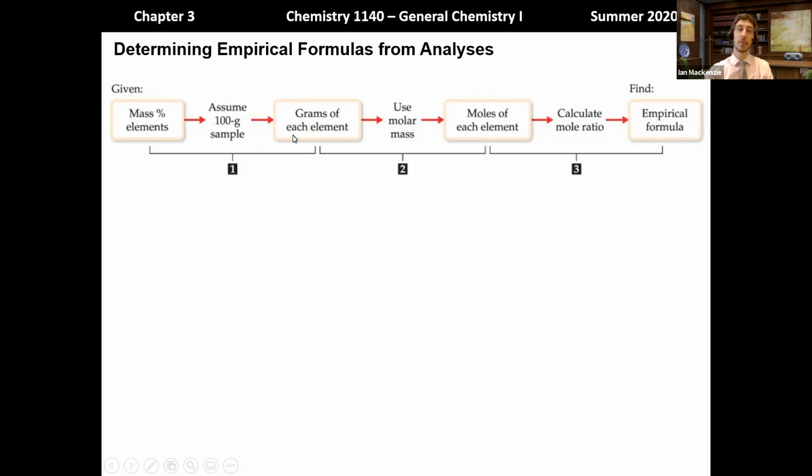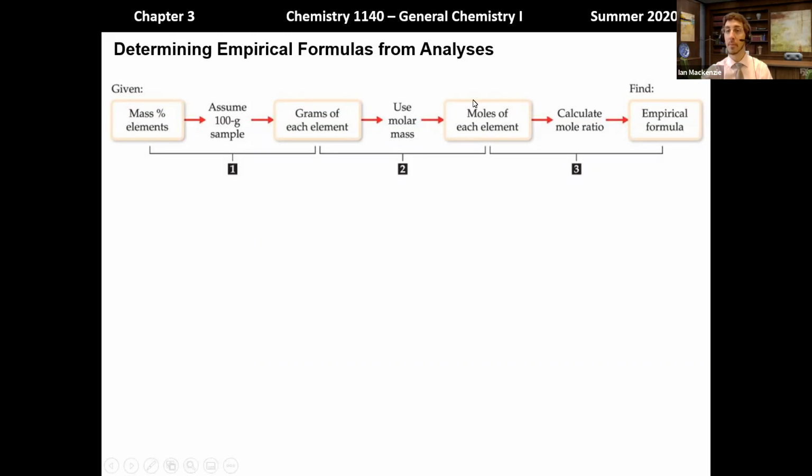Once I have the number of grams of each element in this process, I use the molar mass of each element to determine the number of moles of each element. We've actually determined this along the process of finding the mass percent, but if we're given mass percent values to begin with, this is how we would get there.